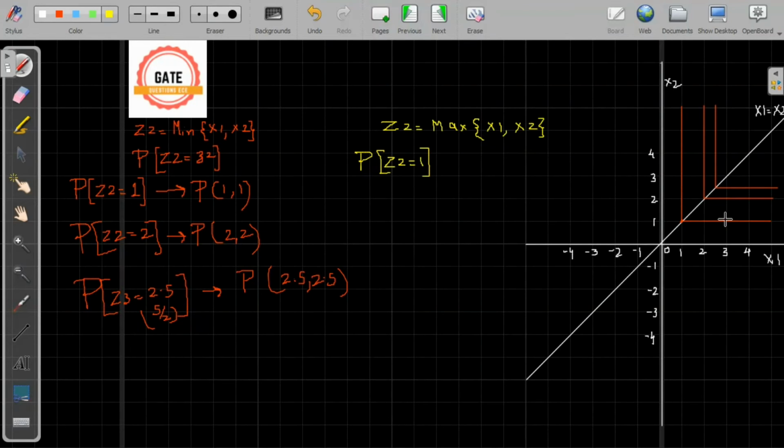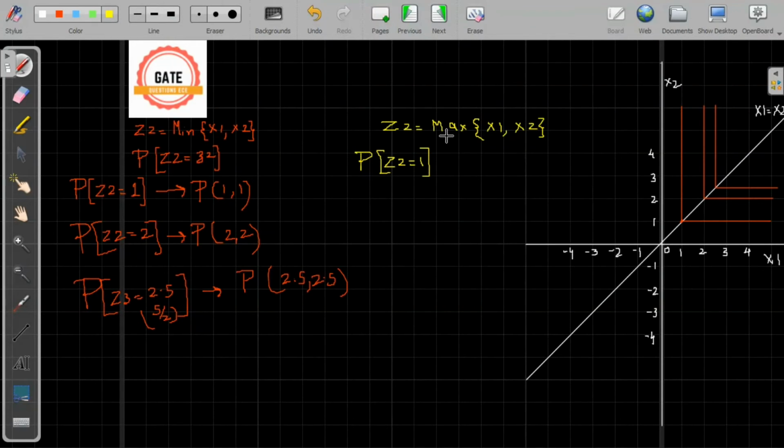Here we have drawn the boundaries for the minimum function. So with the yellow pen I will draw the boundaries for calculating similar probabilities for the maximum case.